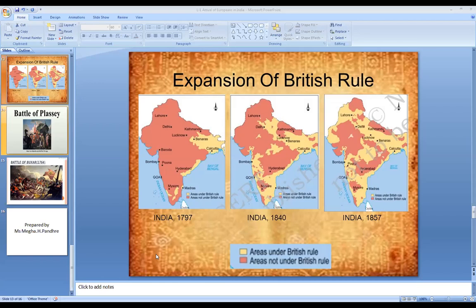Slowly, in due time, they covered a large part of India. From the map itself, you can easily make out what they have done. Slowly and steadily they expanded their rule in India, and at the end they could cover the maximum part of India.